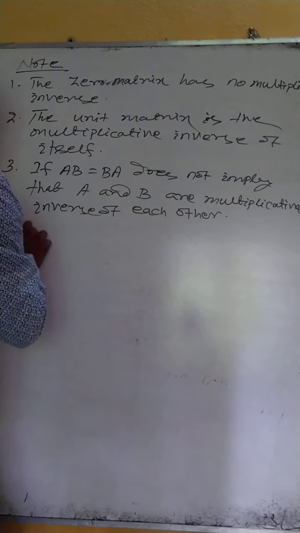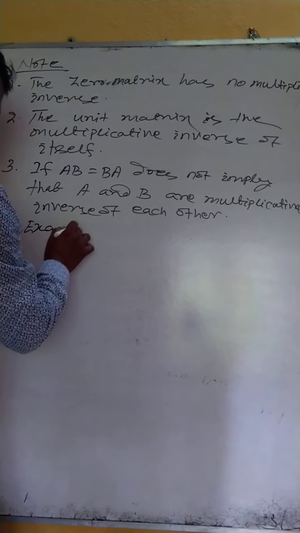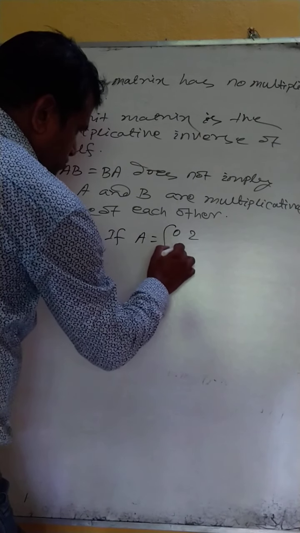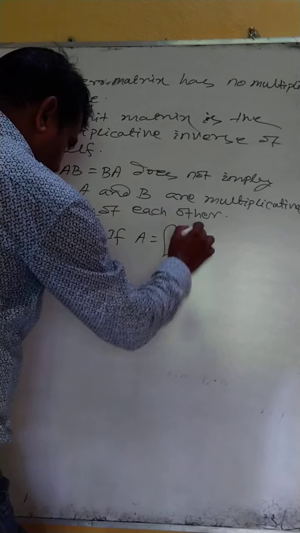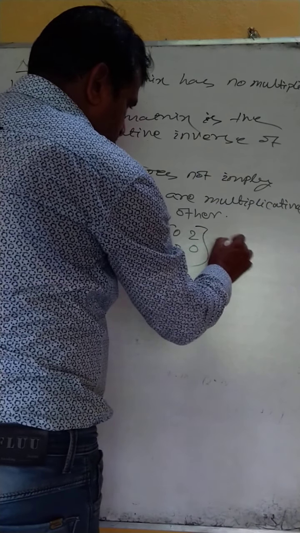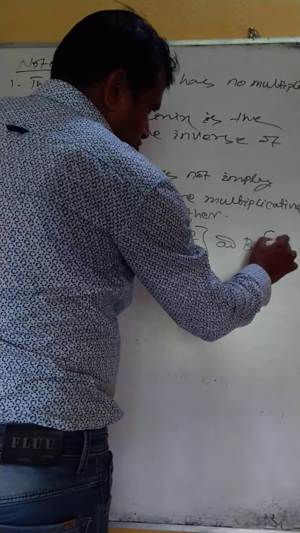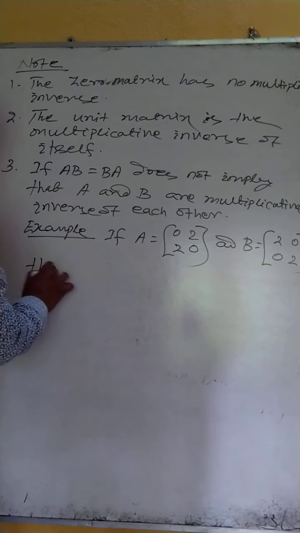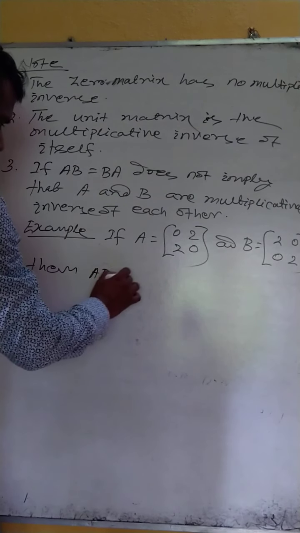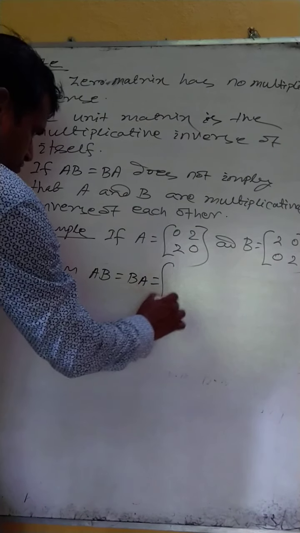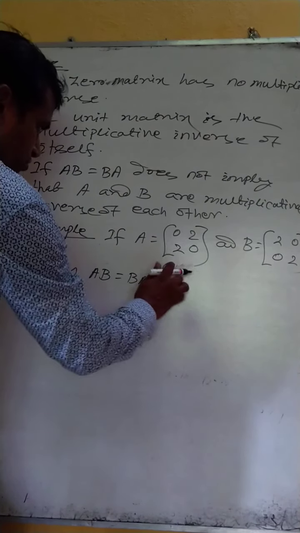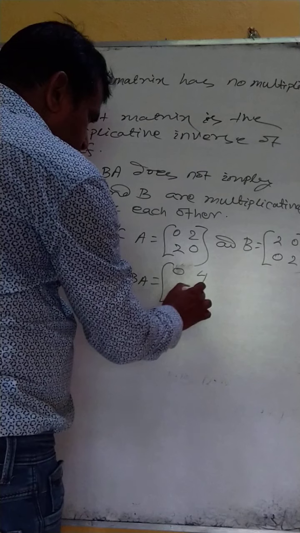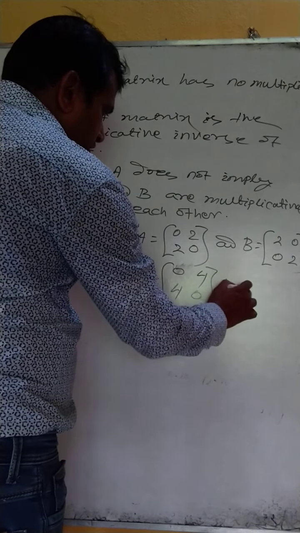If A is equal to [0, 2; 2, 0] and B is equal to [2, 0; 0, 2], then AB is equal to BA, which equals [0, 4; 4, 0], that is not equal to I.